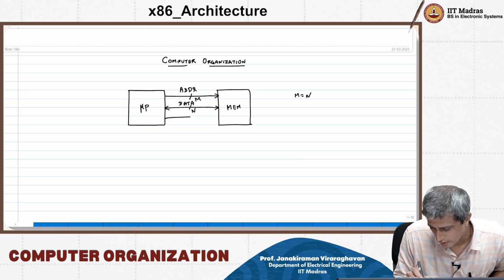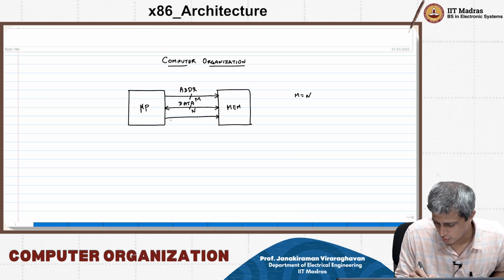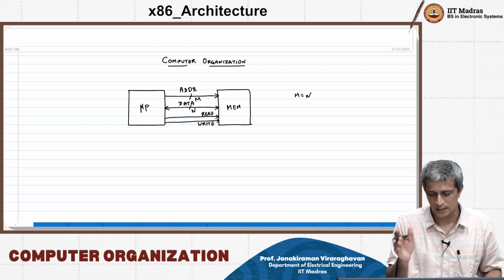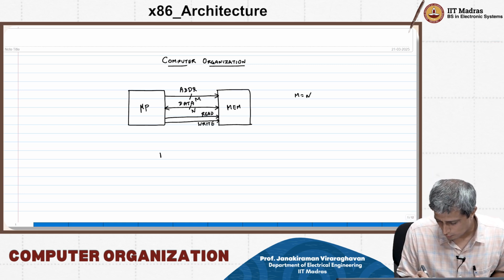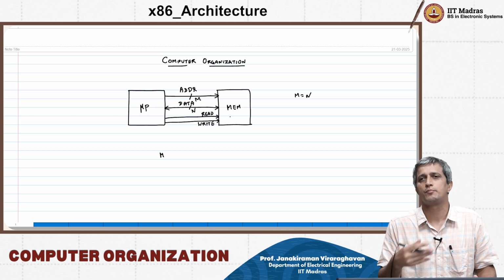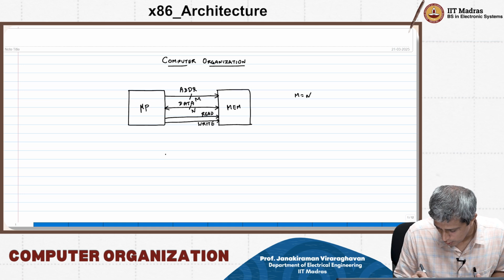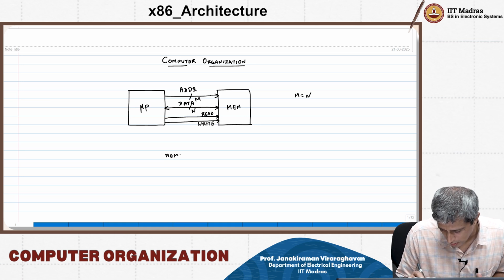Then you also have the read and write signals. If you assert the write, then what will happen is the memory could simply be viewed as an array. Into the memory, at whatever address that you gave, you will be writing the data.